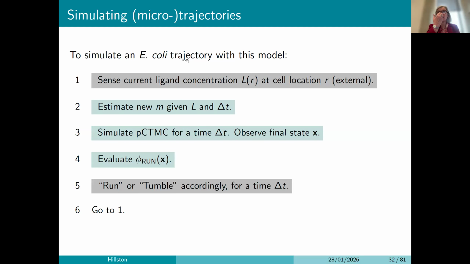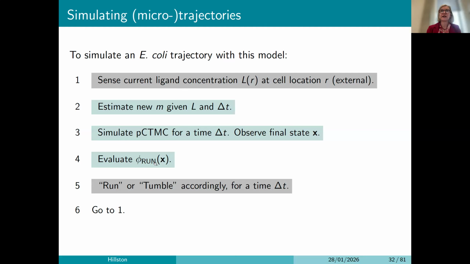So to simulate a trajectory, what we do is we sense the current concentration in our current location. This is the outer layer. We estimate M given how long has elapsed since last time we did this and our current value of L. Then we simulate the population Markov chain for the next time step and we get a final state.